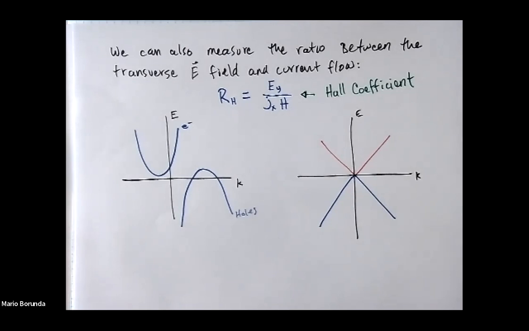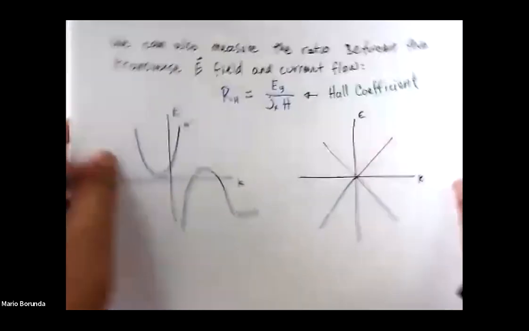If you change the gate voltage, you're pumping more electrons in, and then you fill it up to, let's say, this portion. There's a lot of electrons in the system, and the electron charge carriers will give you a negative Hall coefficient.